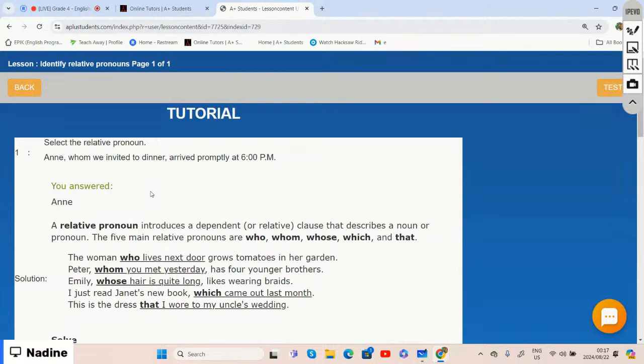We said that you need to look at words like who, whom, whose, which, and that. And remember, keeping in mind that a relative pronoun introduces a dependent clause, and a dependent clause cannot stand on its own.